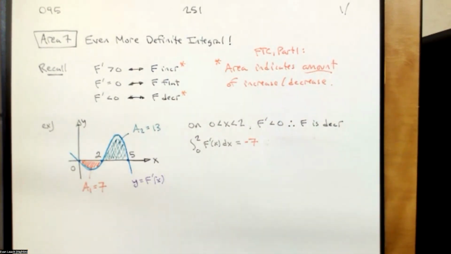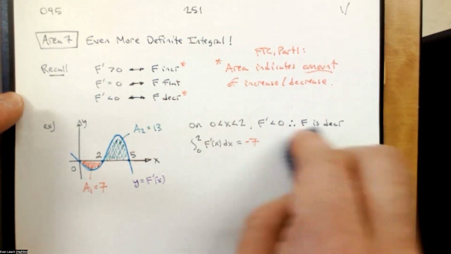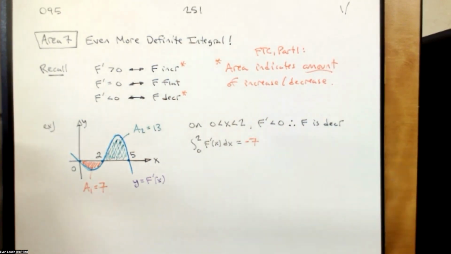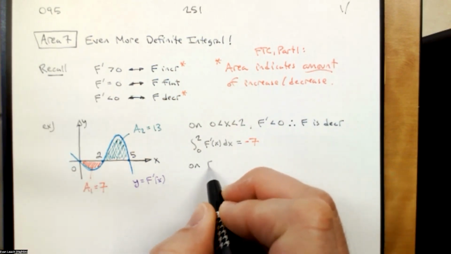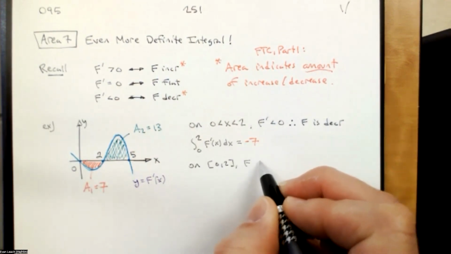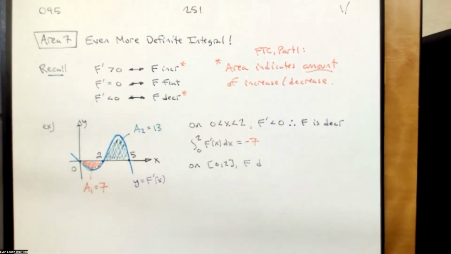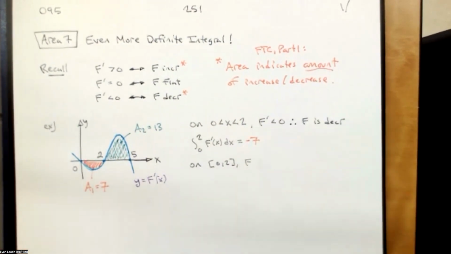So the way we interpret this definite integral, we would say on the interval from 0 to 2, capital F decreases by 7. Decrease because negative, 7 because area.